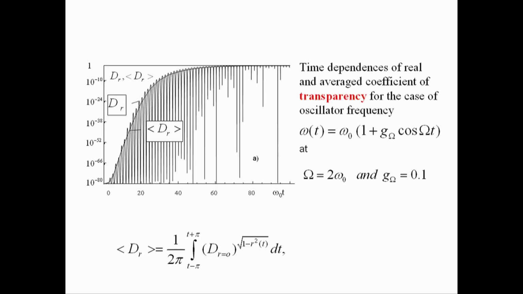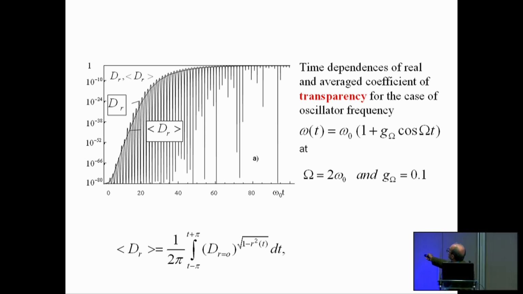And also we calculated the time dependence of the real transparency coefficient and the averaged transparency coefficient. You can see the increase, in this case, for a ratio of relative amplitude of modulation of the potential well equal to only 10%. And you can see that in such time we have in fact full transparency of any potential barrier.